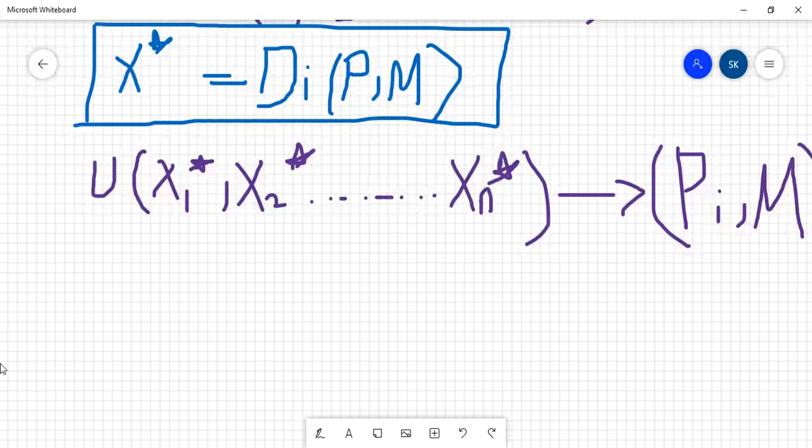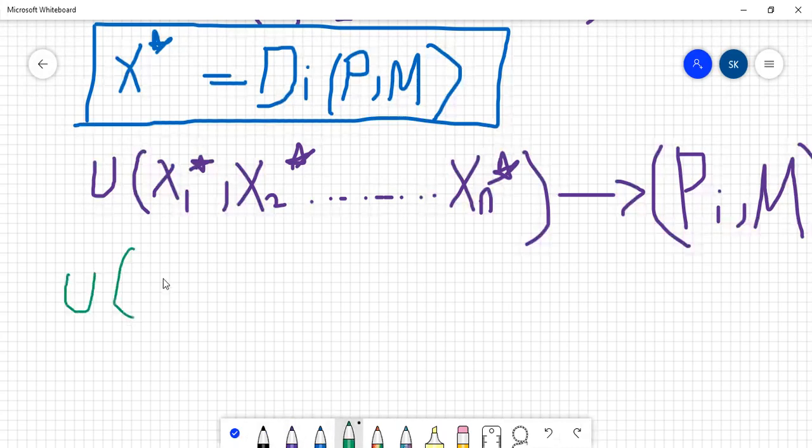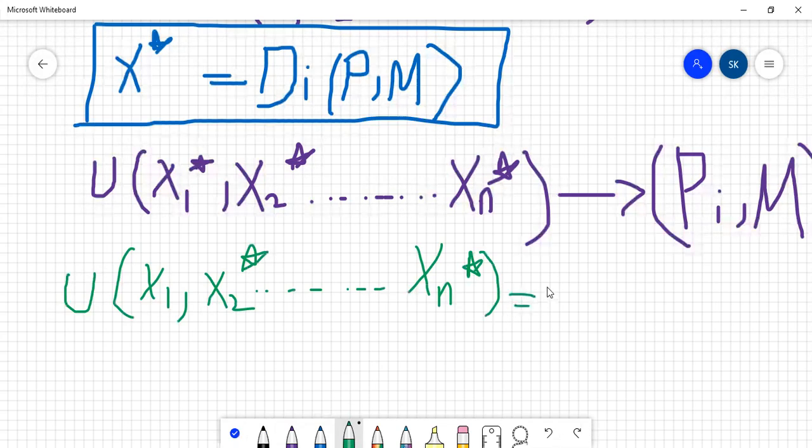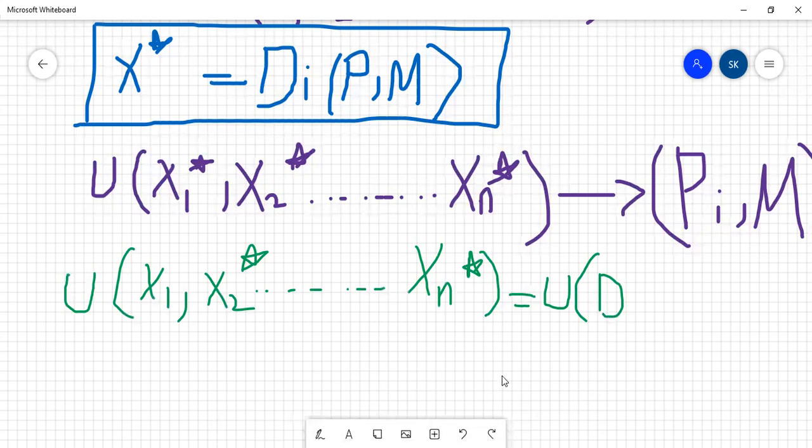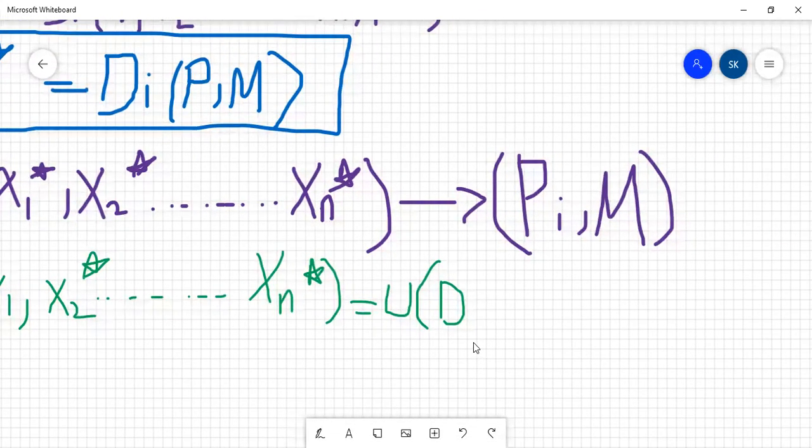Therefore, rewriting the equation again, what we get is u(x1 star, x2 star till xn star). Now this is equal to u(D1, ...). You have to write the demand function for every good that the consumer is consuming, given the prices and the money income of the consumer.